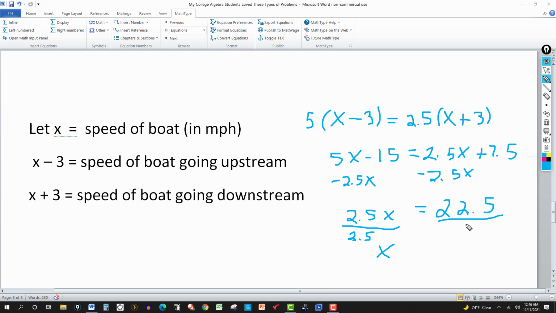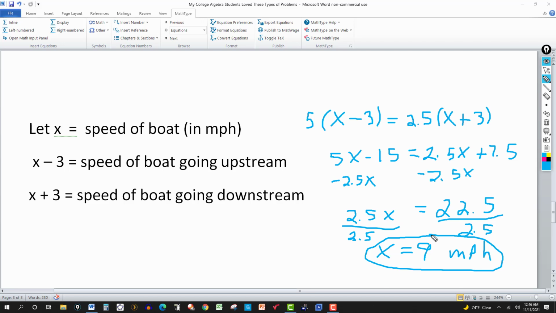This side divided by 2.5. And this gives me 9. 22.5 divided by 2.5 is 9. And then, of course, this is in miles per hour. And that's the speed of the boat.